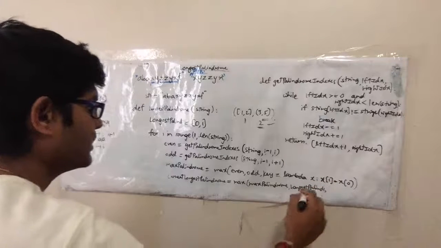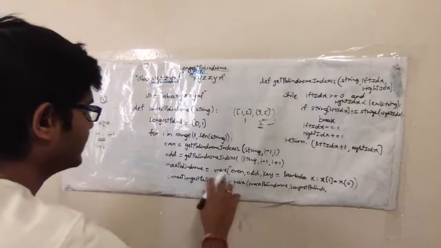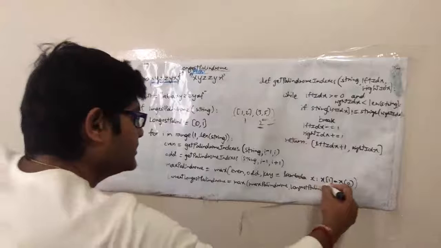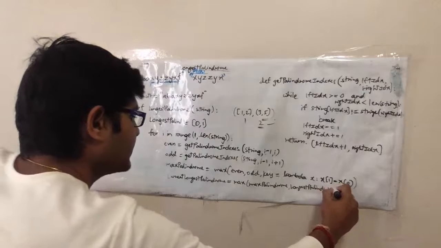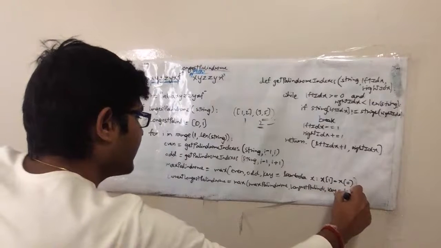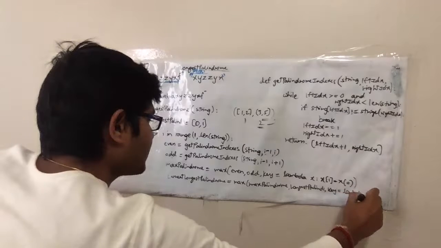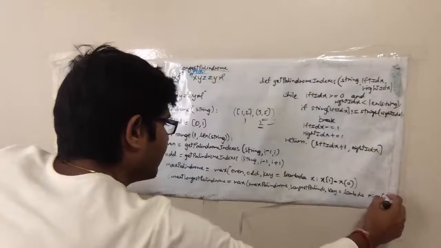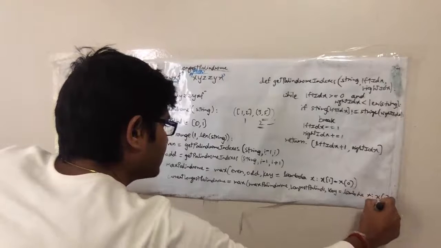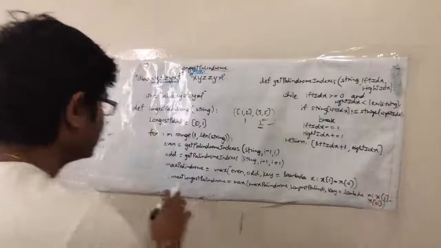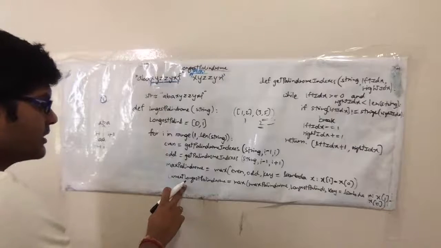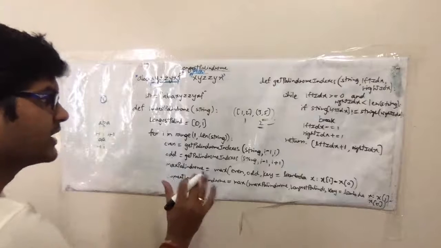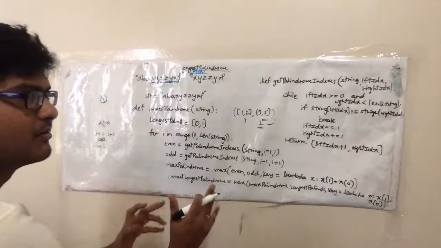Similarly, this already has an index, just similar to above. We need to write key is equal to the inline lambda function, x is to x of 1 minus x of 0. Okay, so finally this will have the final index which contains the longest palindrome.